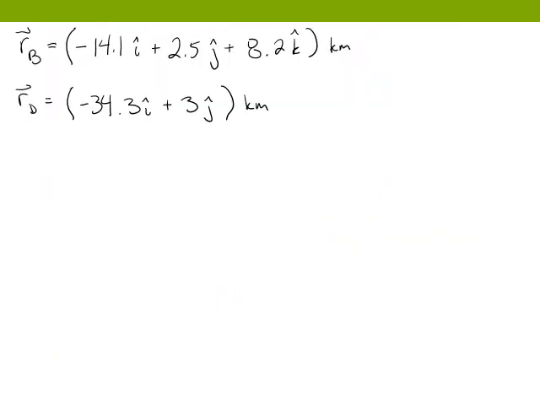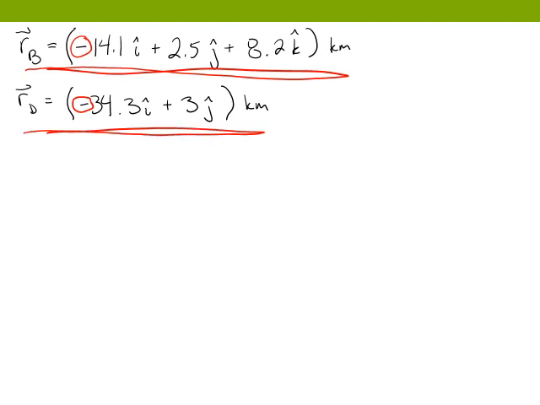So when you worked it out, you should have got vectors for your positions like this. Our Boeing has this vector on the top. As you can see, the values for the x components are negative. And for the Douglas, you should have calculated a vector something like this.